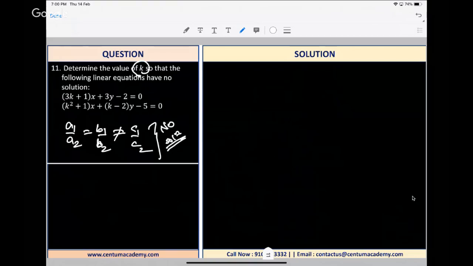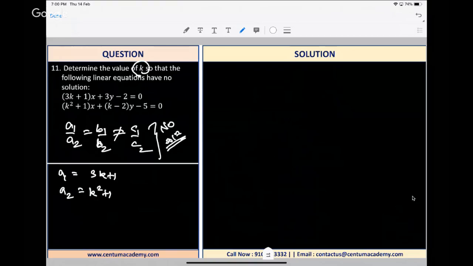Now, if you see, first, what is a1 here? Let us jot down. A1 is 3k plus 1, right? A2 is equal to k square plus 1, right?